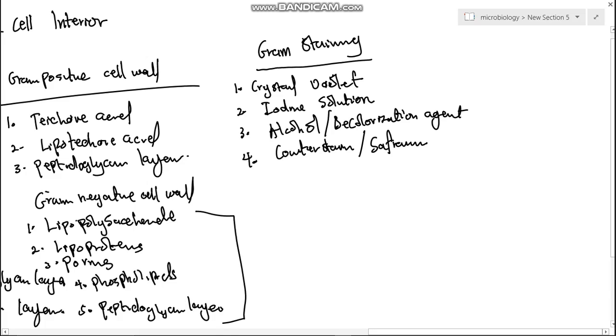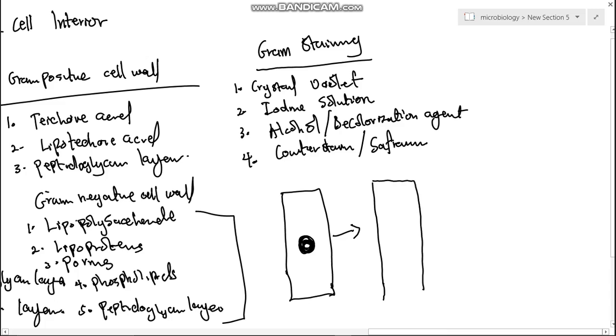First of all, we will prepare a smear on a slide. This is our slide. We'll make sure that we prepare a smear on our slide. Then we allow the smear to dry. After that, we pour crystal violet onto the smear to stain it.